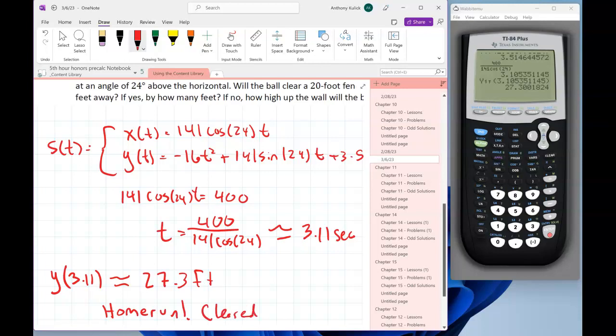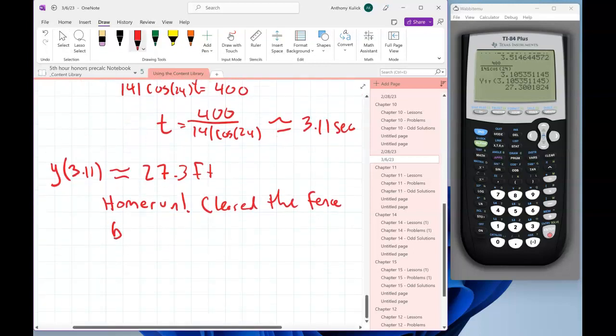Since the fence was 20 feet tall, we cleared the fence by 7.3 feet.